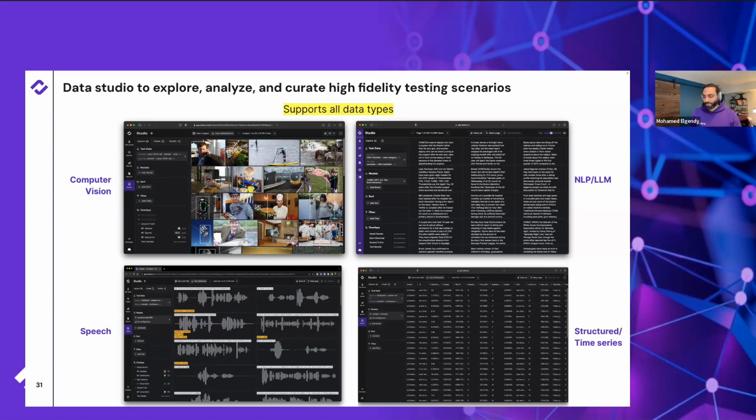But as an example of privacy, we have customers on the healthcare side who created metrics that look at PII data that's leaked. That's not a machine learning problem. It's just a software problem now, and you're able to identify any PII data. So yes, for sure, that's the point of breaking things down into test cases, so you can have a privacy suite, a robustness suite, a safety suite, and so on.